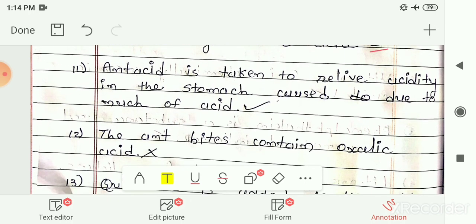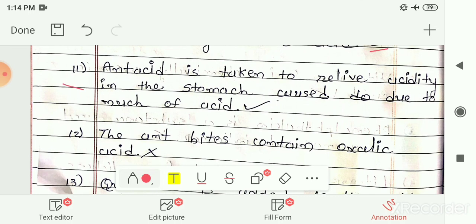Next, eleventh number, antacid is taken to relieve acidity in the stomach caused due to too much acid. So here your answer is true. To get relief from that acidity, we are taking antacid substance. So here your answer is true.